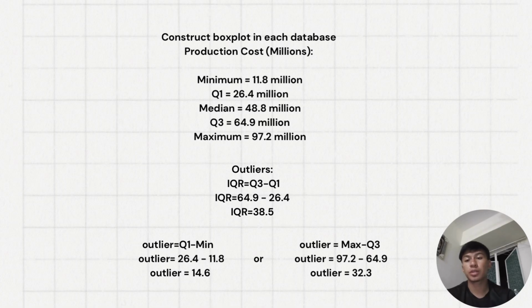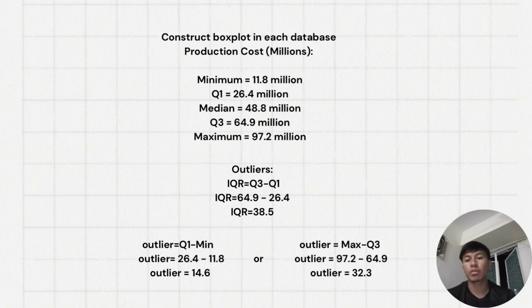To construct the box plot for production cost and the box plot for profit margins, we use the formula IQR equal to Q3 minus Q1.